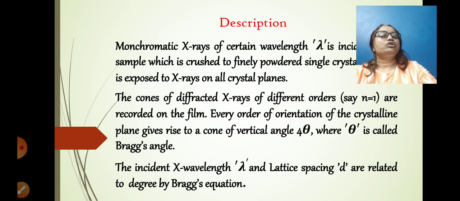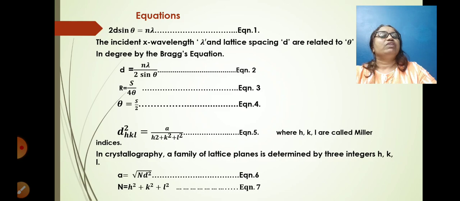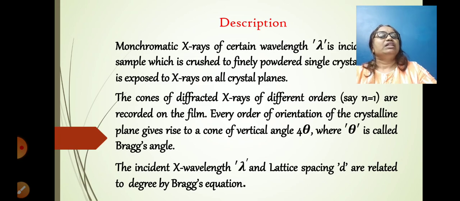Actually, the description of this X-ray diffraction is: the monochromatic X-ray of certain wavelength lambda is incident on the sample, which is crushed to a finely powdered single crystal and is exposed to X-rays on all crystal planes.